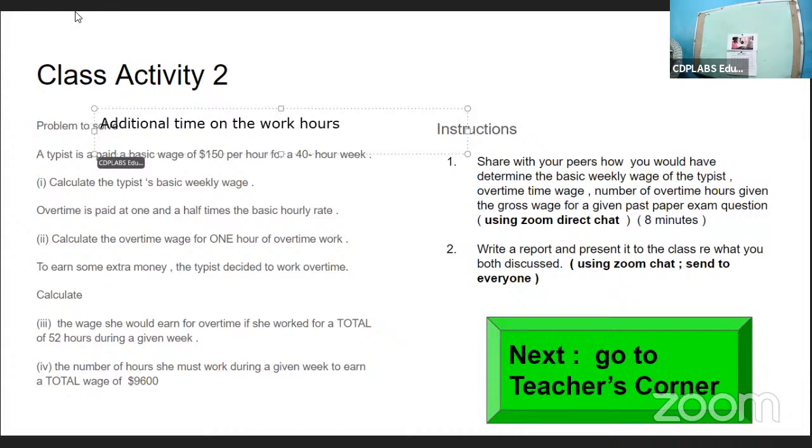Tell me. Her work hours is 8 hours a day. And how much a week?